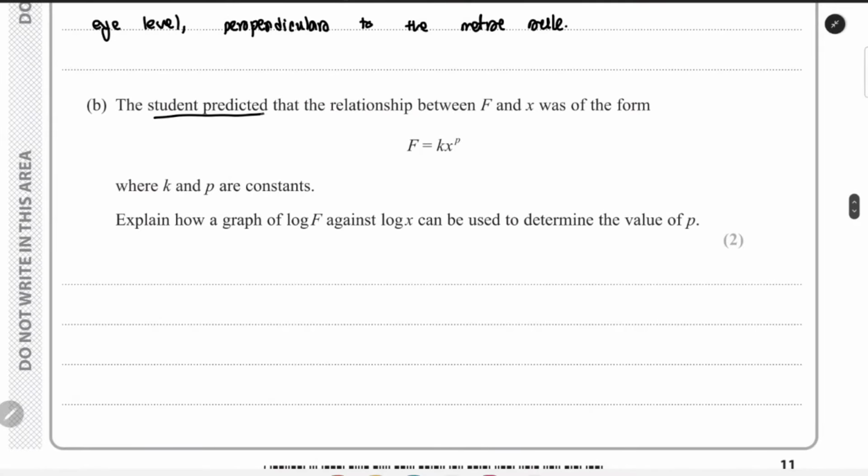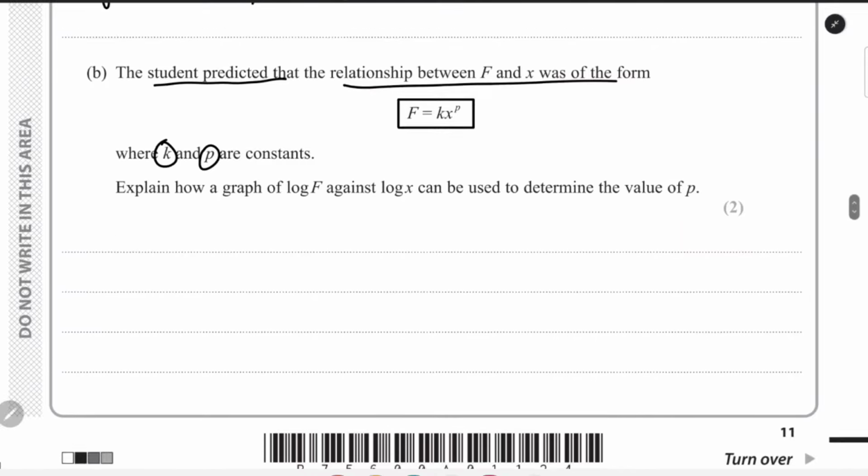Now the student predicted that the relationship between F and x will be F equals kx to the power p, where k and p are constants.